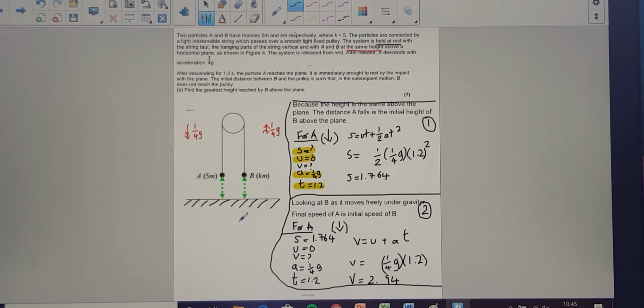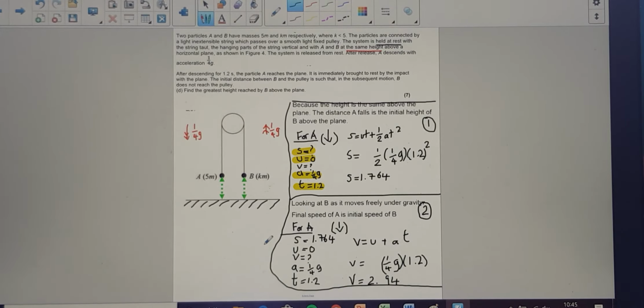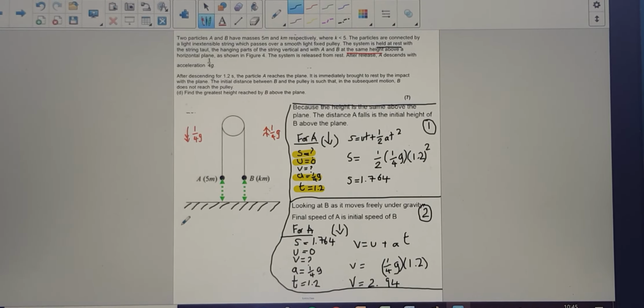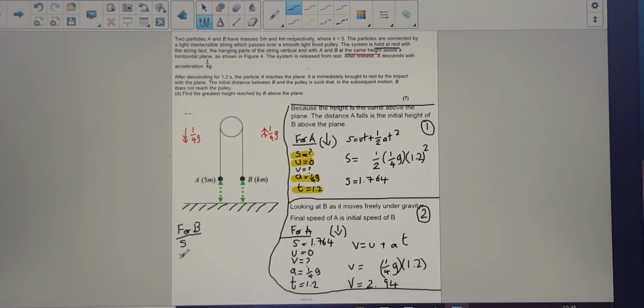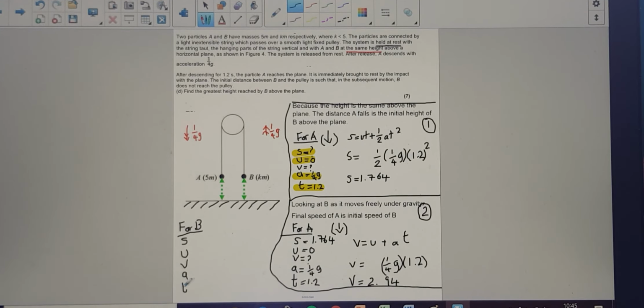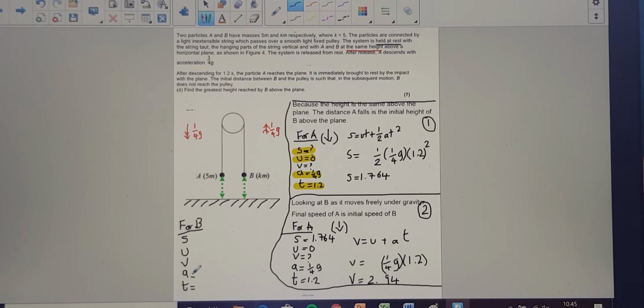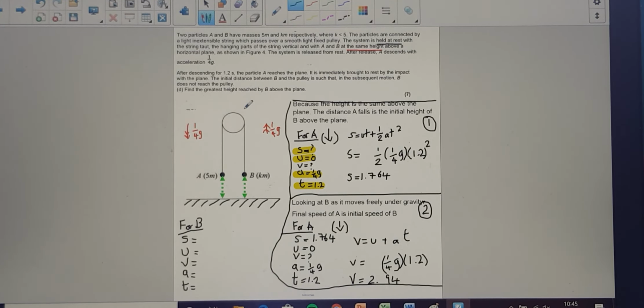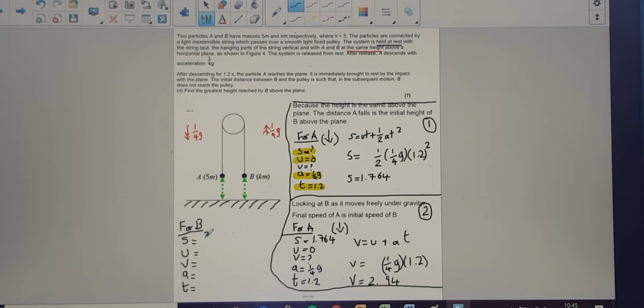Now I'm going to do suvat for B. I'm going to list my suvat. I don't know what the distance up is, and that is what I want.